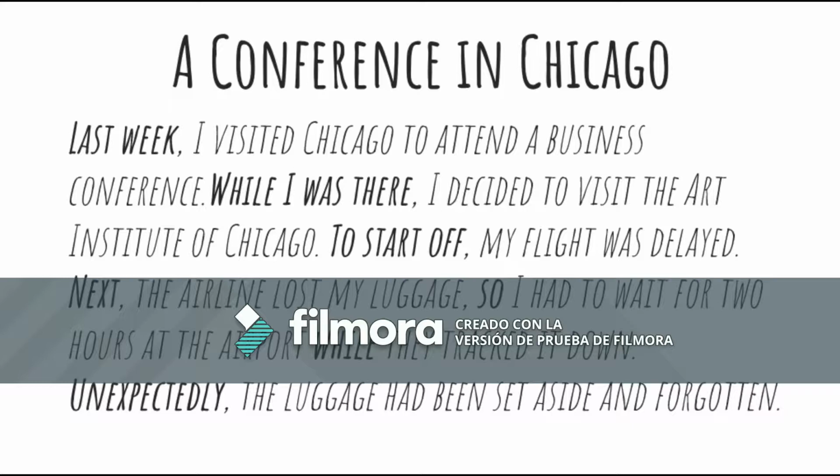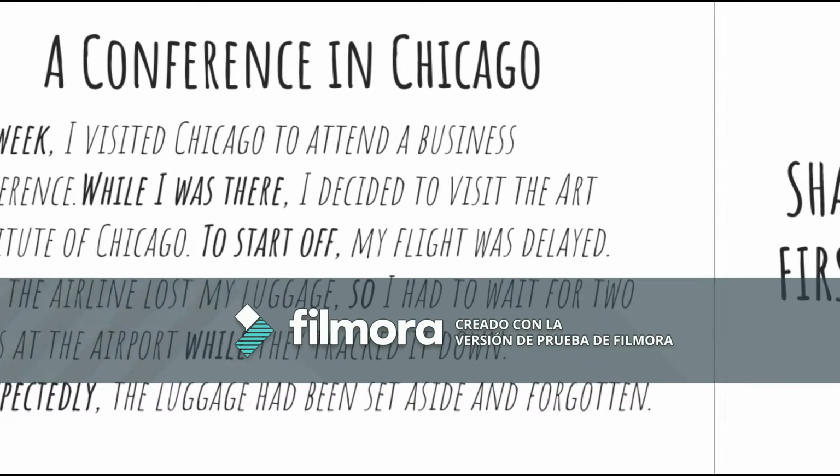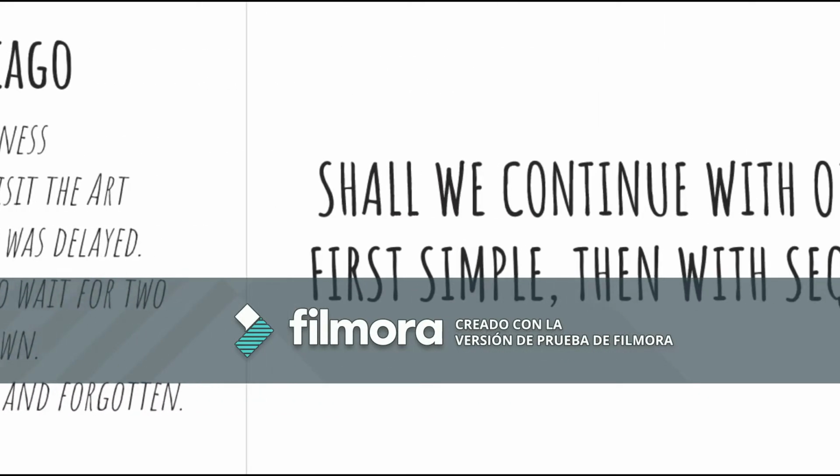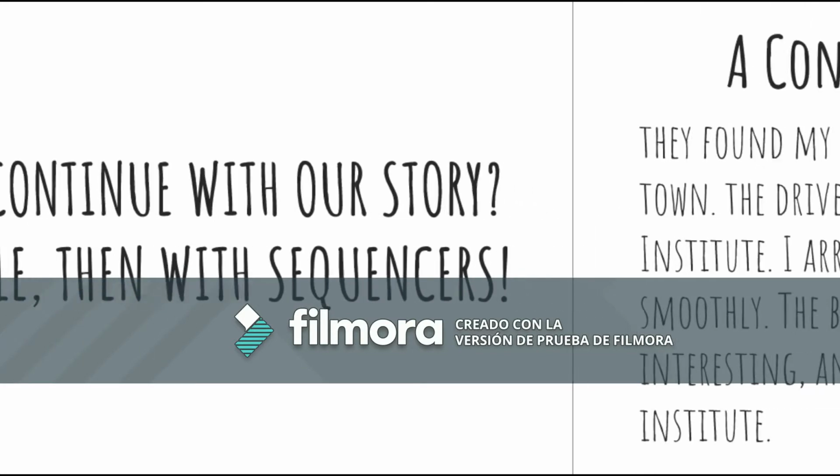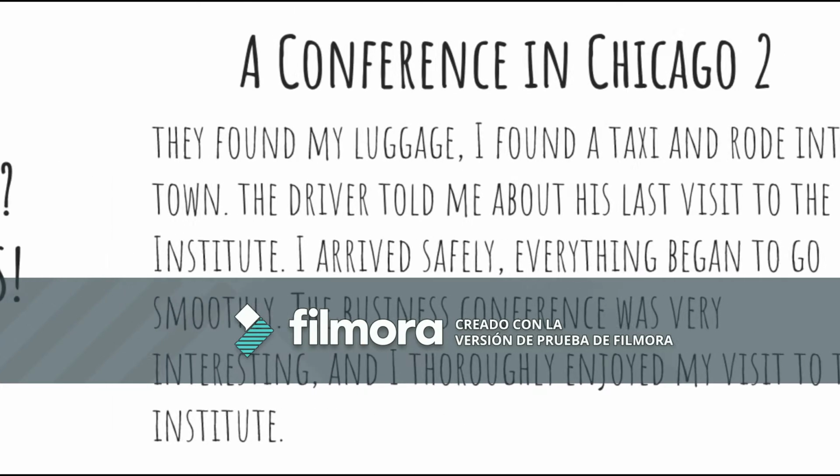Unexpectedly, the luggage had been set aside and forgotten. So as you can see, this is much better than the previous version of the story. Shall we continue with the story? First, remember, we'll have the ideas in a simple way, and then we'll try to improve it by using sequencers.